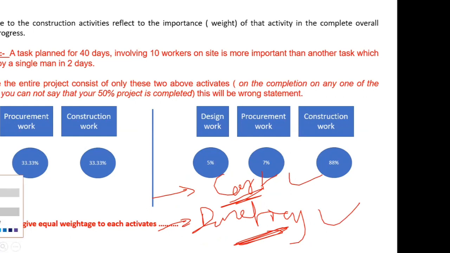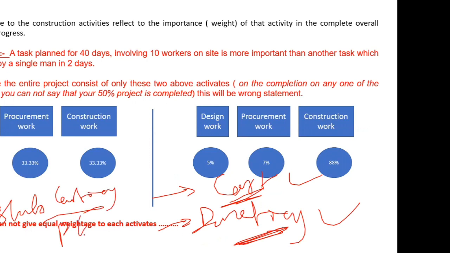Let's take an example. There's a slab casting work, and another work is plaster. Now it takes less duration. It takes less time as compared to the plaster work. But what is more critical? What is more important? Slab concreting. So definitely this activity is more important.